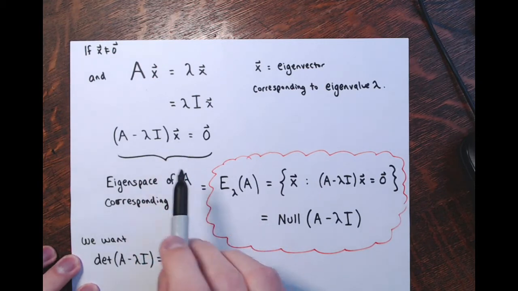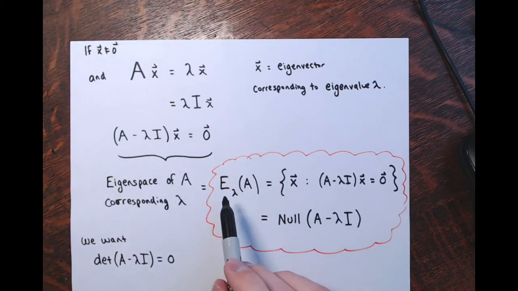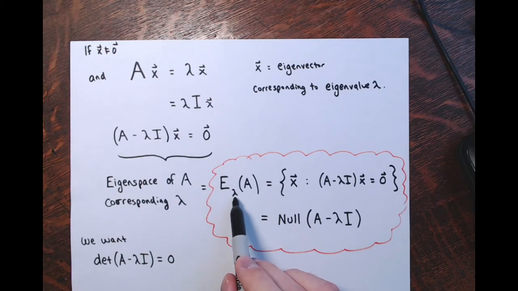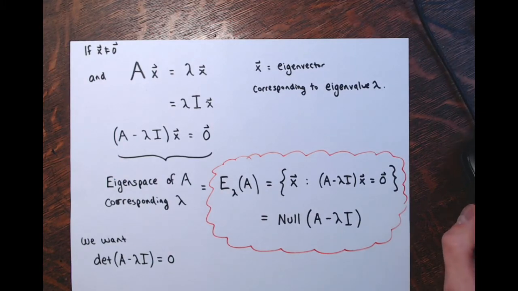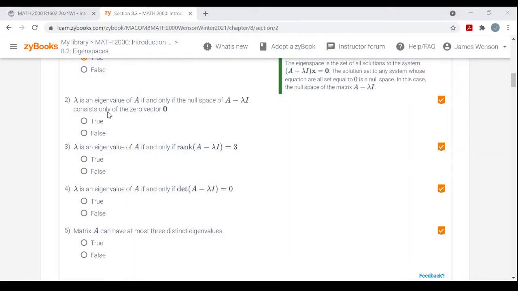So the eigenspace corresponding to our particular eigenvalue should have more than just the 0 vector in it. So this is not happening. That is false.